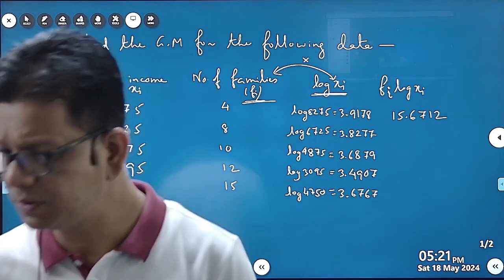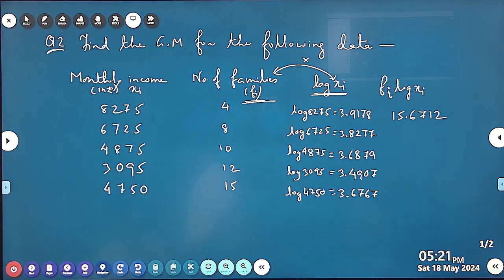Anti-log, just wait. This last part we will explain again today. Anti-log. These numbers, can you add these numbers? Same, no? Okay.